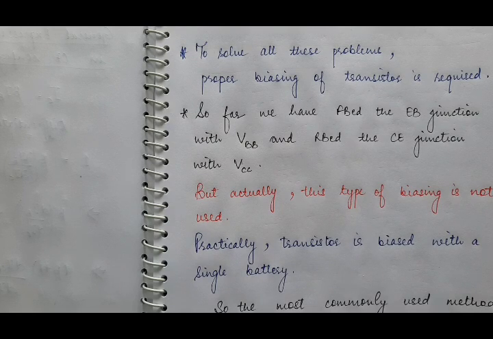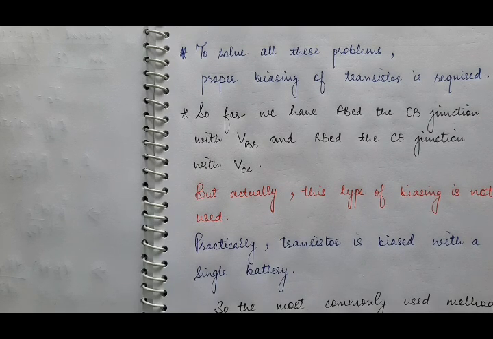But so far we have discussed how the biasing of the transistor is done: for the forward biasing of the emitter base junction in common emitter configuration, it is forward biased with the battery VBB, and the output circuit, which is the collector emitter junction, is reverse biased by using the battery VCC.